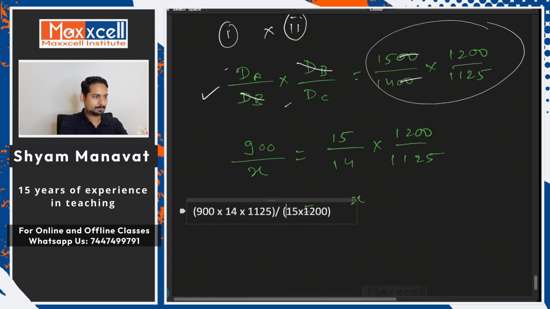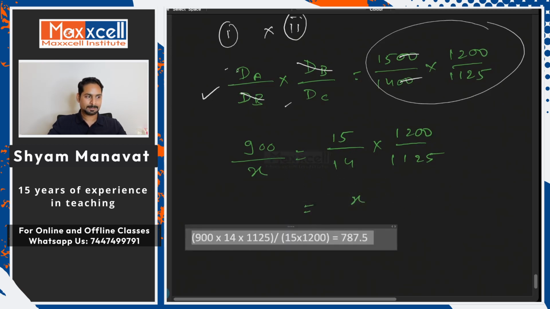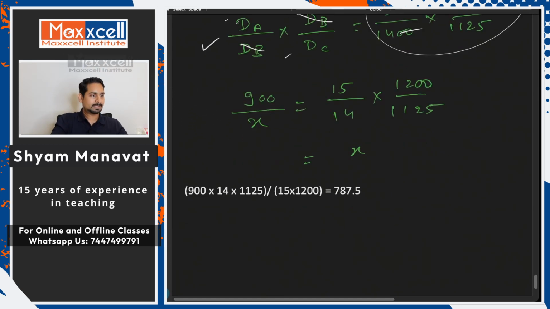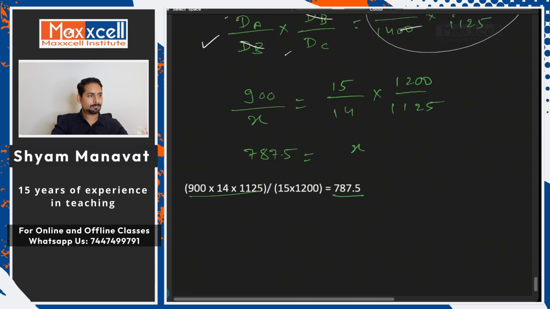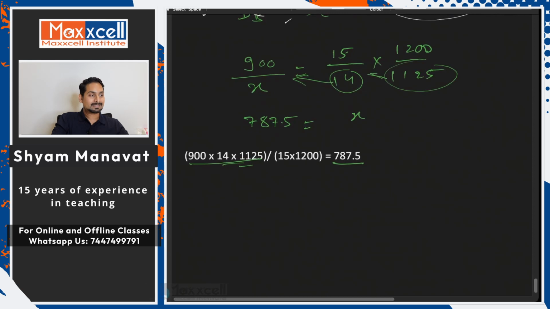Divide by this. Should give you a value, that is 787.5. That is equal to x, right? If you simplify this, 14 and 1125 will go into the numerator, multiplication, and 15 and 1200 will be in denominator. So 787.5. Okay, that's the distance covered by C.